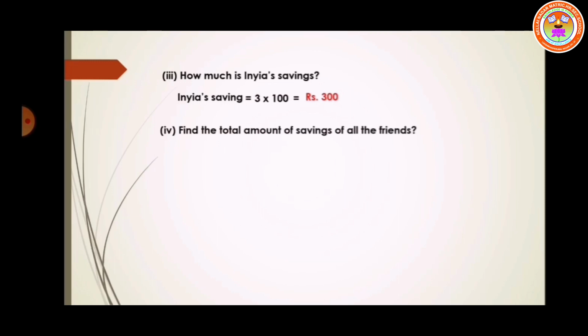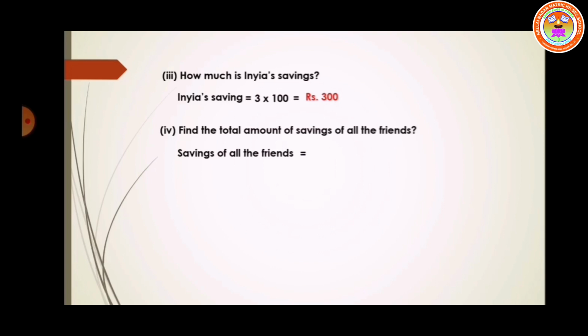Fourth question, find the total amount of saving of all the friends. Savings of all the friends: Ruby has 5 piggy banks, Malarkodi has 7 piggy banks, Dasneem has 4 piggy banks, Kulali has 5 piggy banks, Inia has 3 piggy banks.